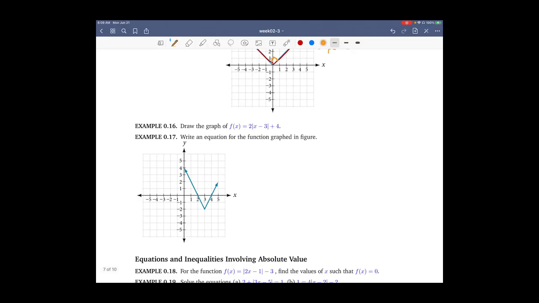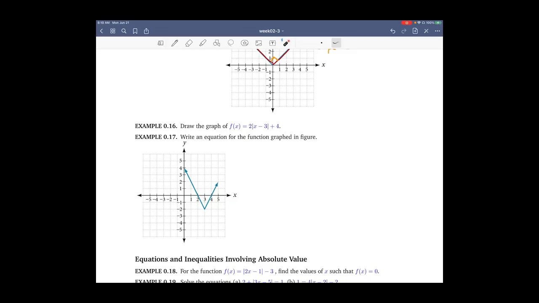All right. In this first example, we need to draw the graph of 2 times absolute value of x minus 3 plus 4. If you're familiar with the transformations of graphs, you can start with the graph of absolute value of x and apply necessary transformations: shift by 3 units to the right, vertically stretch by a factor of 2, and then shift upward by 4 units.